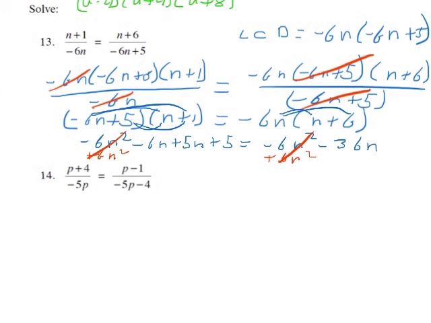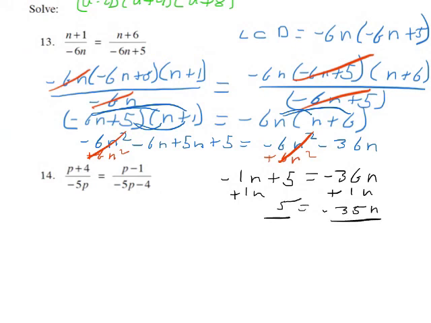So, let's see, I have negative 1n plus 5, I'm adding like terms, and negative 36n. I'm going to add 1n to both sides, and I get negative 35n equals a positive 5. We divide both sides by negative 35, and that gives me n is equal to negative 1 over 7.